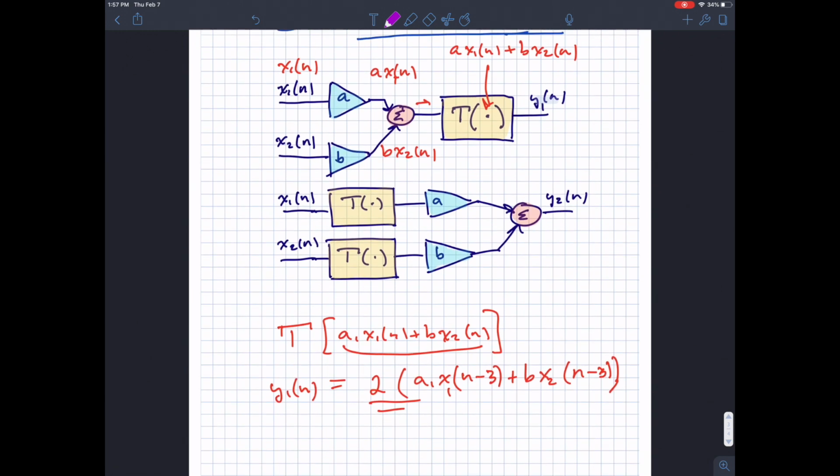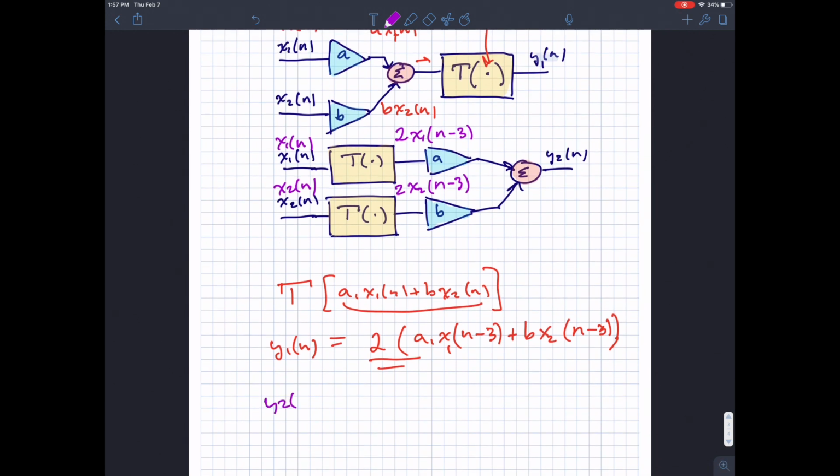All right, so we take the same approach. We put in x1 of n, we put in x2 of n. This time we do the transformation. The transformation says multiply by 2 and delay by 3. All right, then we multiply by a and b and we add those together.